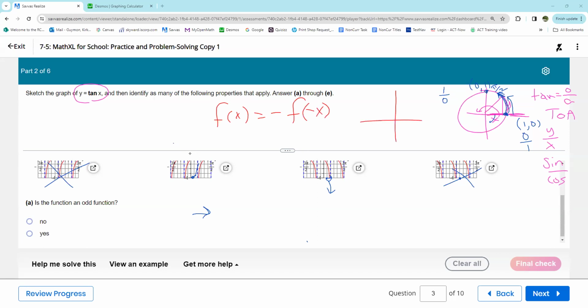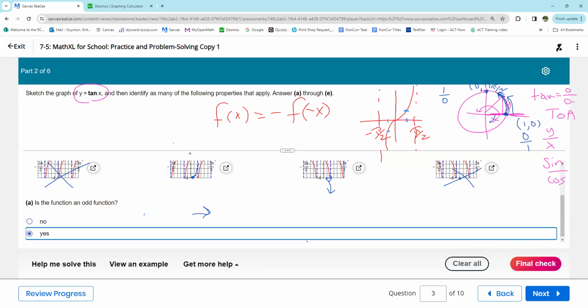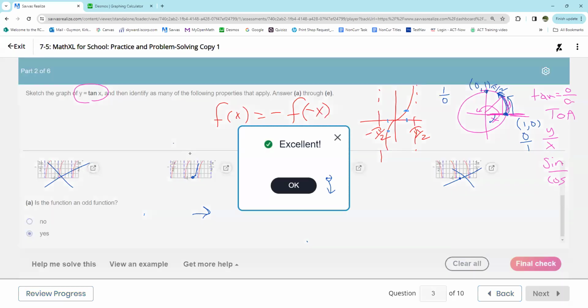What we have is this going here and here, with an asymptote at pi over 2 and an asymptote over here at negative pi over 2. So if I have a point right here, the y value is opposite for the opposite x value. So yes, that is an odd function.